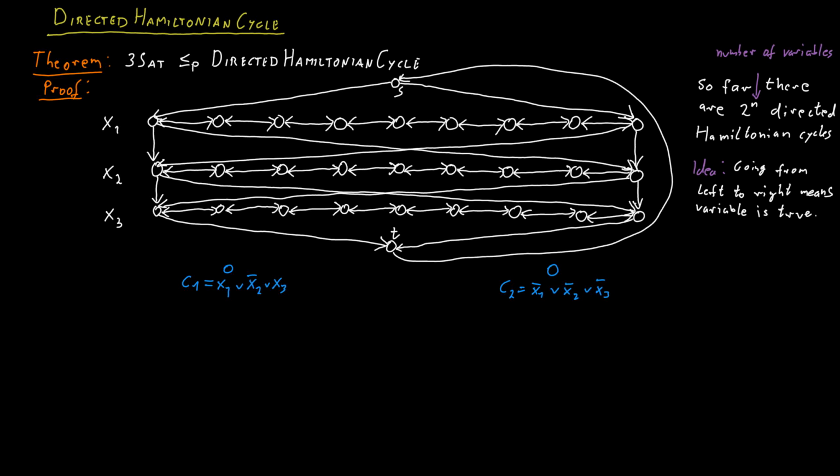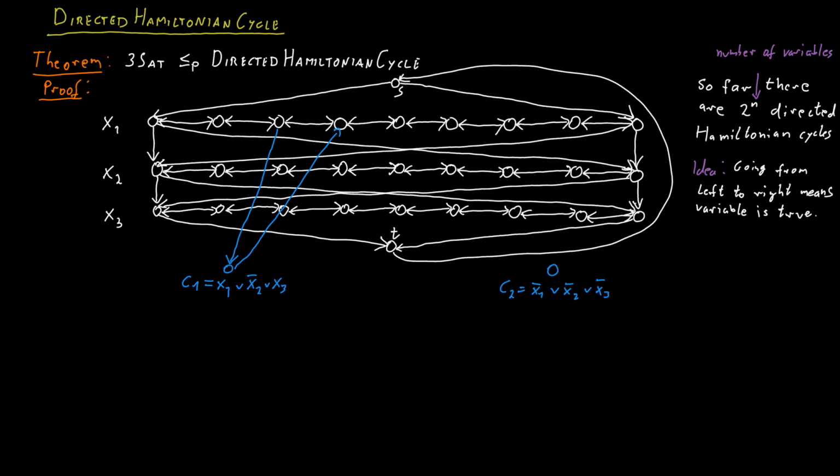So then what you would want to do is take some vertex on this line and have a directed edge from that vertex to this clause vertex, and then have another directed edge from the clause vertex to the next vertex on the line, the vertex to the right of this. This is because x1 is not negated in the clause, so we want to be able to visit that vertex seamlessly when we go from left to right.